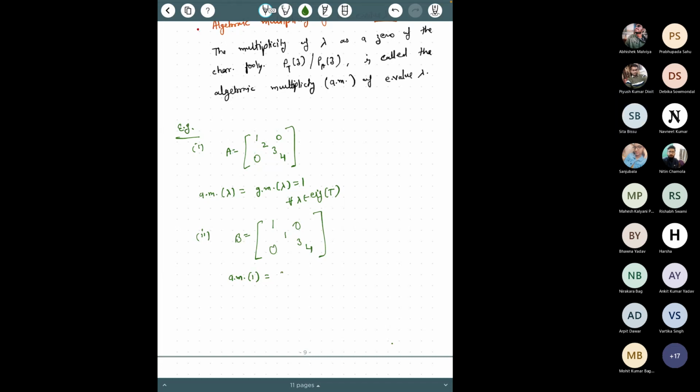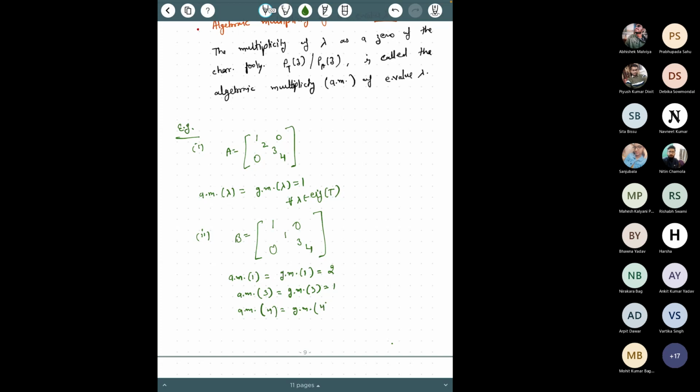What about the other eigenvalues? They are 1 and 1, equal. So in the first example they are the same for all eigenvalues, and in the second example they are also the same for each eigenvalue, though for different eigenvalues the multiplicities can differ.